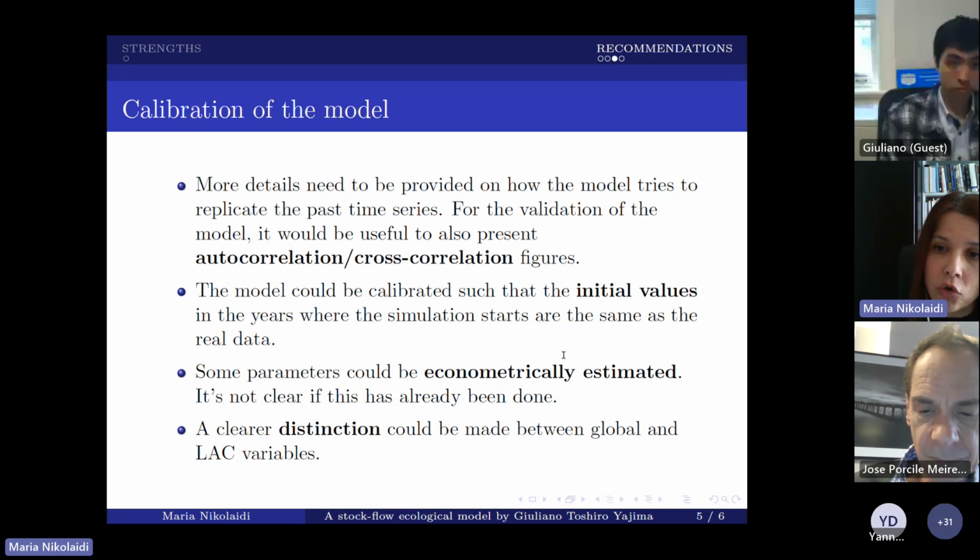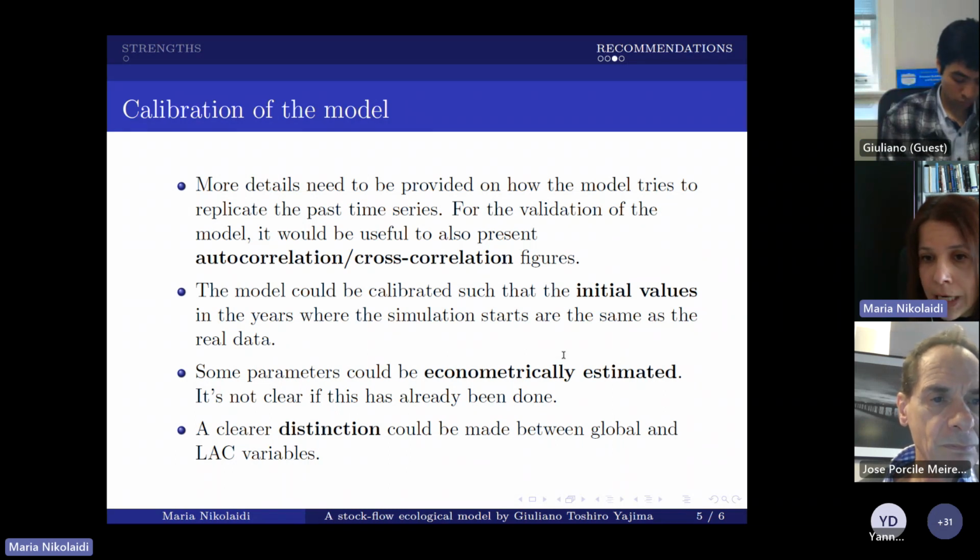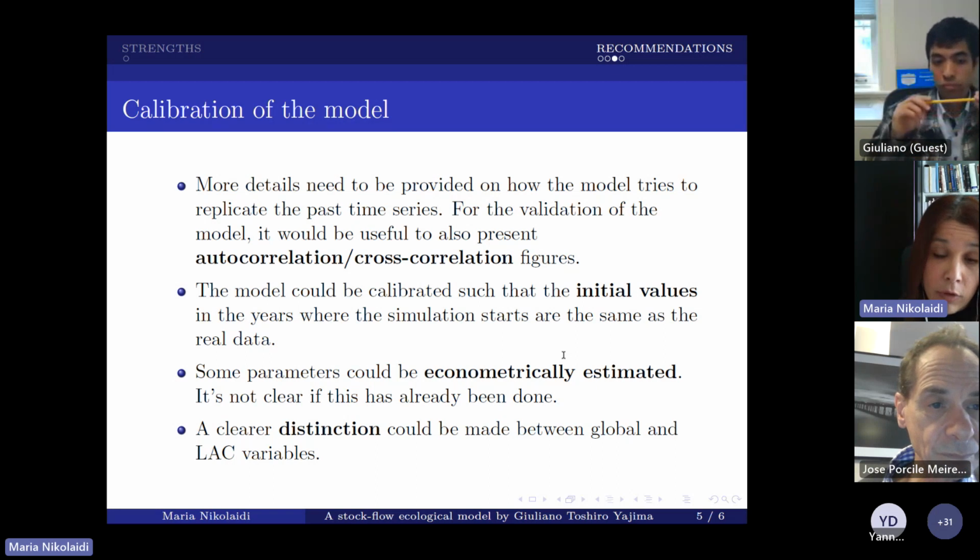And it might make sense to use some other figures in order to validate your model. So usually you can incorporate the so-called autocorrelation or cross-correlation figures, in which case you compare the correlation structure of the simulated data with the correlation structure of the actual data.